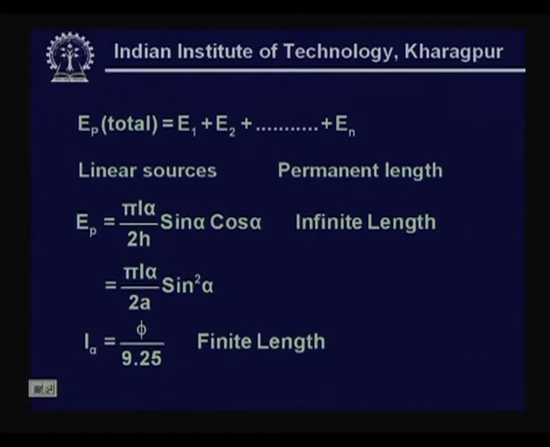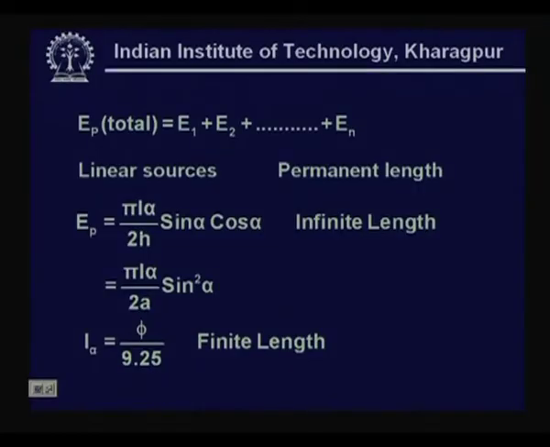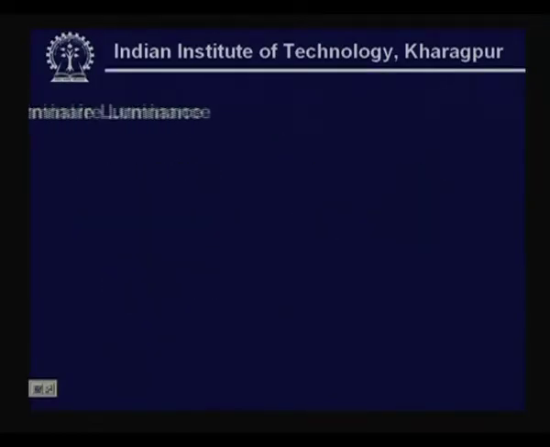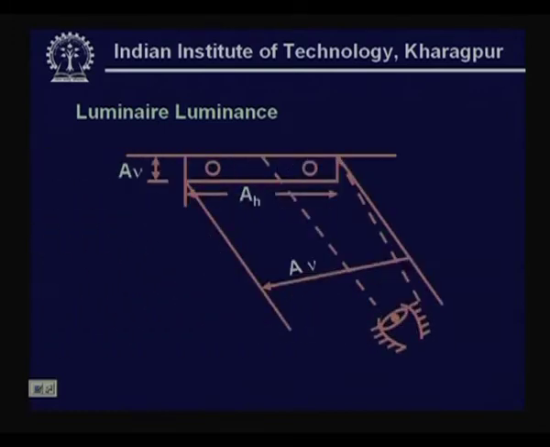So, what we have seen? We got the horizontal illuminance earlier. Now, where necessary, especially for wall mounted objects, walls and display surfaces, we need to find the vertical illuminance. Now, sometimes the luminaire as a whole has to be seen based on its area.